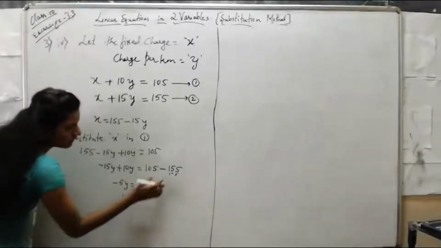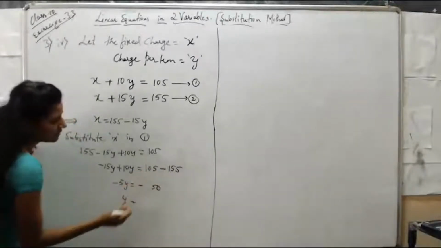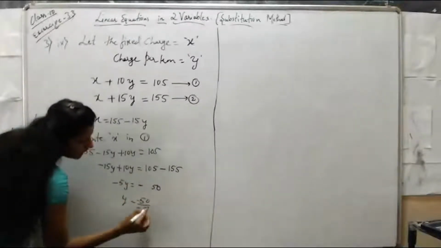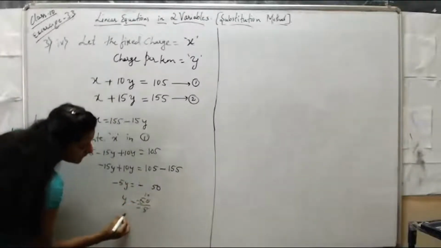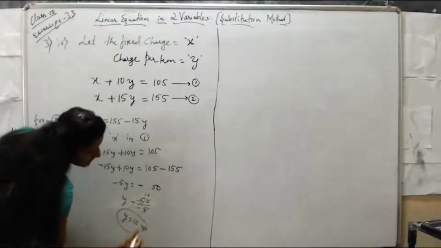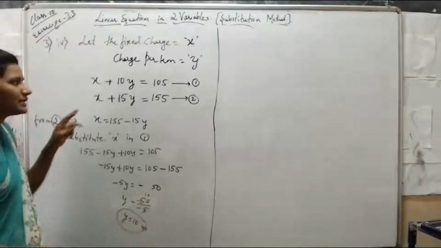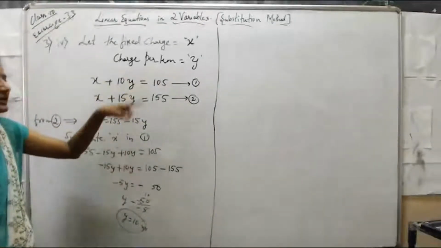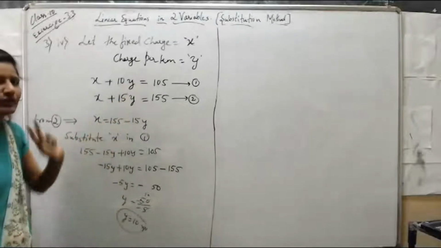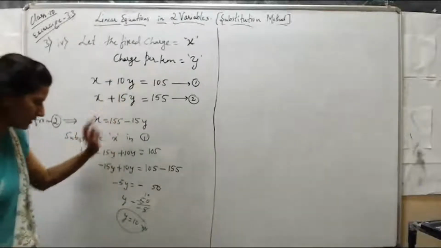Therefore, y is equal to 50 divided by 5. 5 tens are 50. Therefore, y is 10 rupees. That is the varying charge, meaning he has taken 10 rupees per kilometer. 10 times 15 is 150 rupees he has taken for the varying charge.